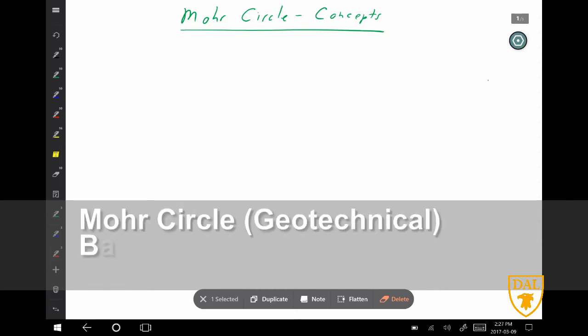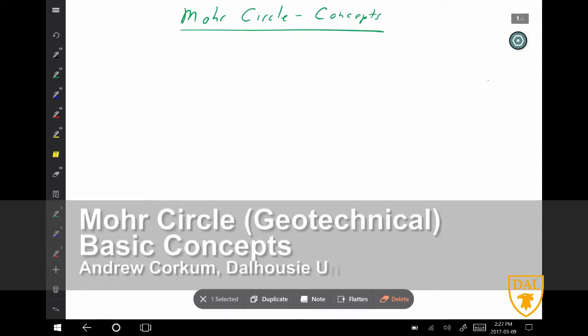The Mohr Circle is a graphical means of visualizing the stresses in an element.